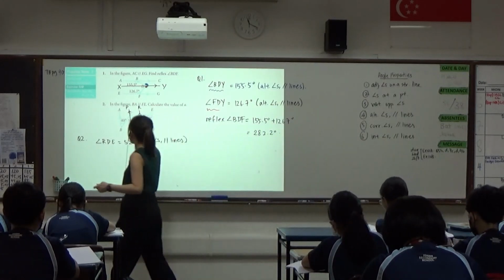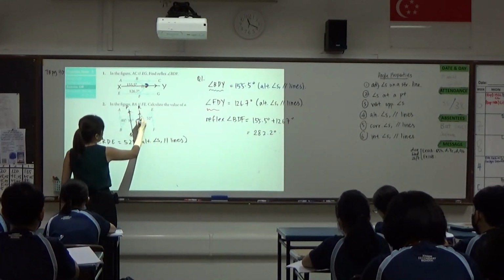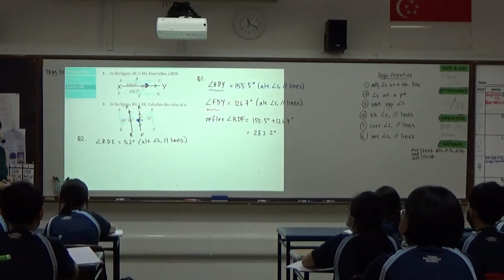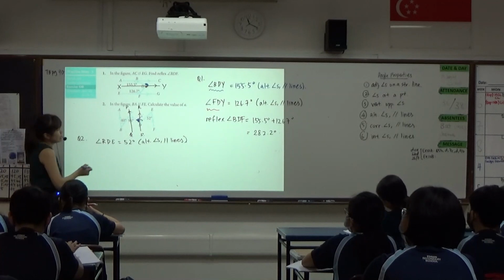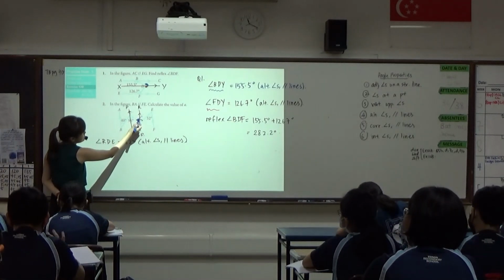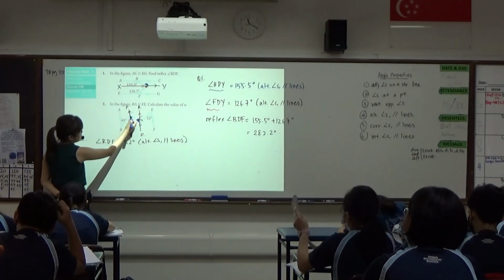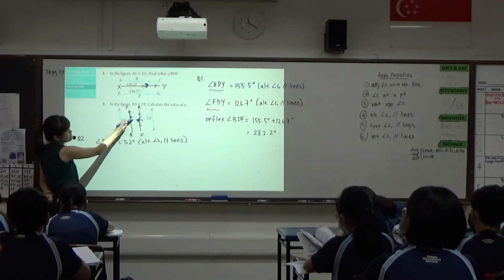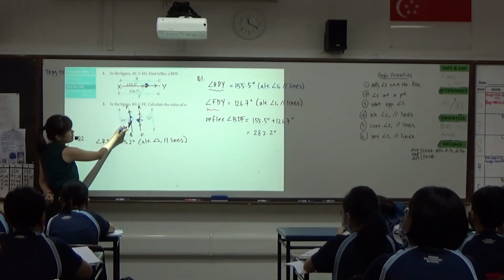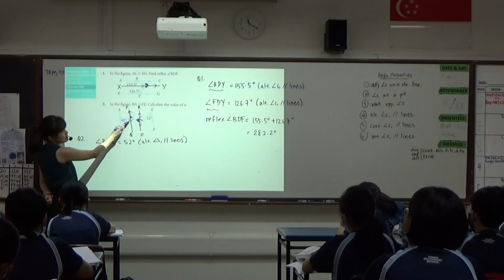And to find out what this blue angle here is, it will require some steps. Because if I want to apply my alternate angles parallel lines, this blue angle is the same as this blue angle. But I don't know what this value here is. So I need to figure it out by making use of the 96 degrees that I'm given.